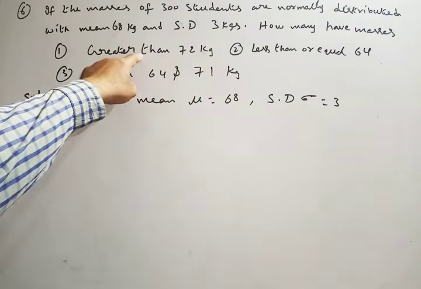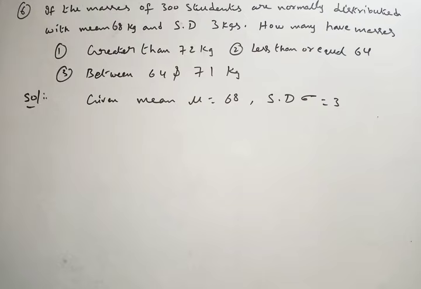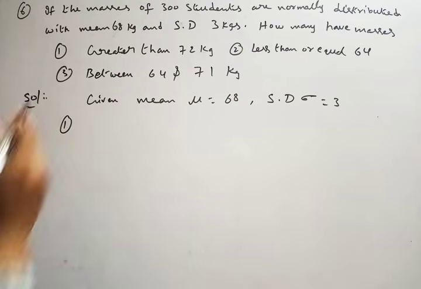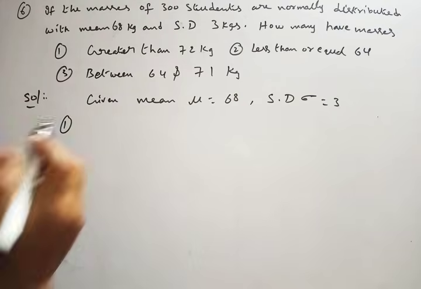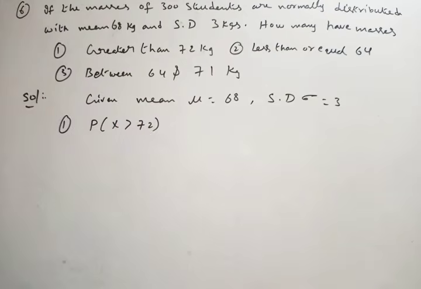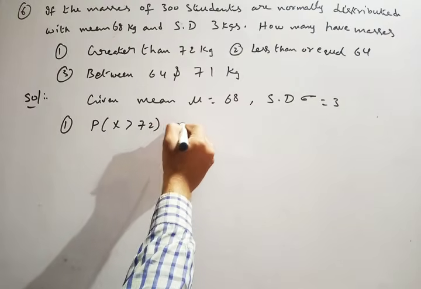What is the first bit asking? How many students have masses greater than 72 kg? To solve the first bit, you have to calculate P of capital X greater than 72. To calculate this, we need the Z value.